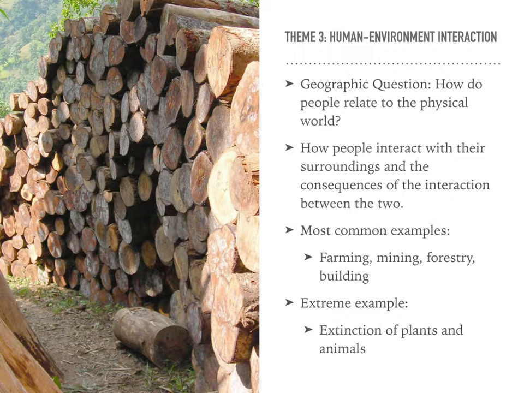An extreme example of human-environment interaction, and one that has immediate consequences, is the extinction of plants and animals due to human fault or human error, such as overhunting, overfishing, or planting something where it doesn't mean to be planted, and that plant takes over and kills other plants. So extinction or endangering species is an example of human-environment interaction.